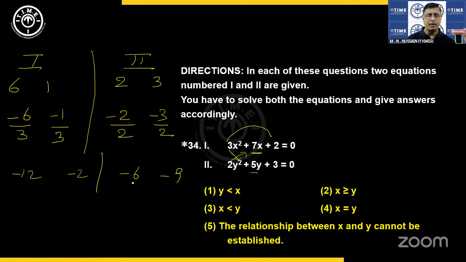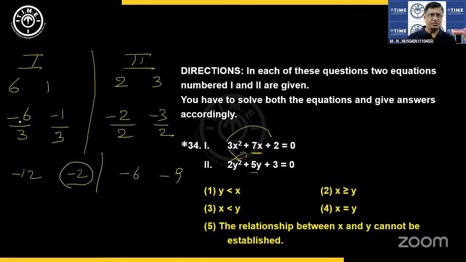Now simplify. What is the discussion here? How are these related? Minus 2 is greater than 6 and 9. Any correction? 6 into 1, that is a 6, that's 7.